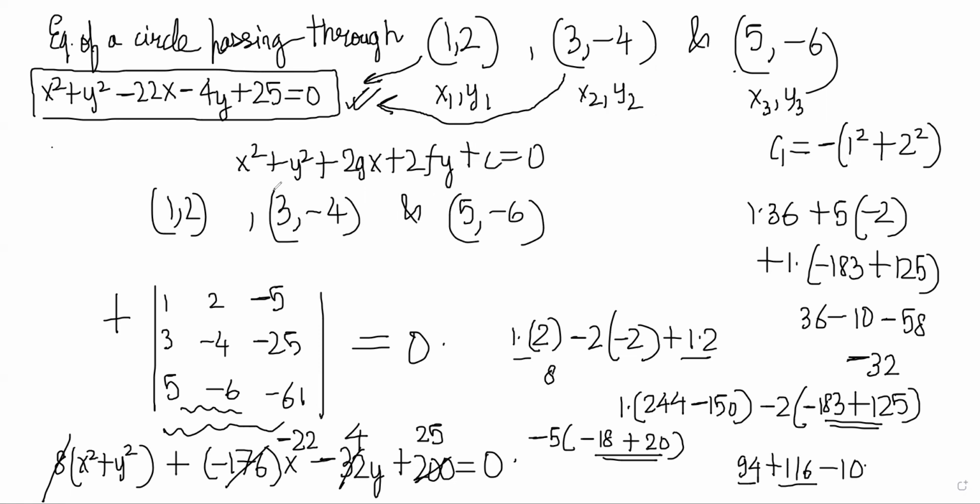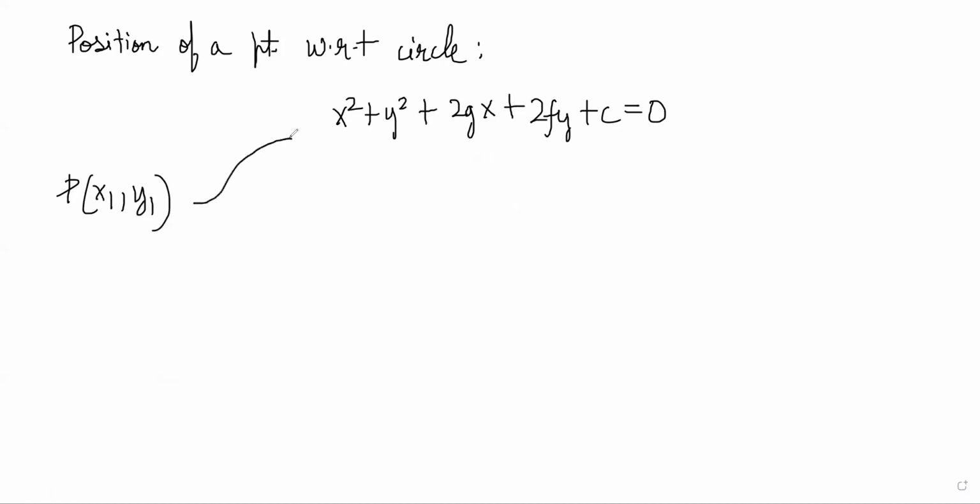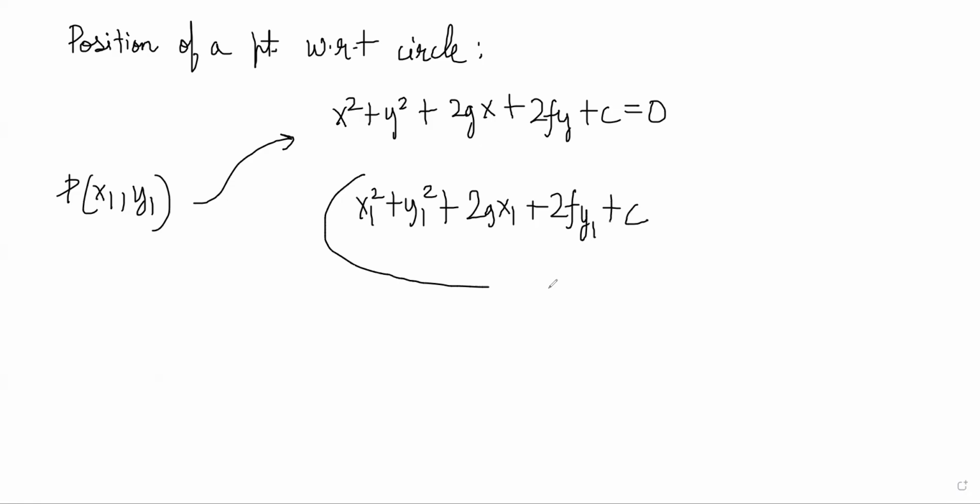Now, the next thing in the theory is position of a point with respect to a circle. And this is pretty straightforward. If a circle equation is given like this, x square plus y square plus 2gx plus 2fy plus c equals 0, and if a point is P(x1, y1), what you have to do is put this point in this equation. You will get x1 square plus y1 square plus 2gx1 plus 2fy1 plus c, and evaluate this quantity.